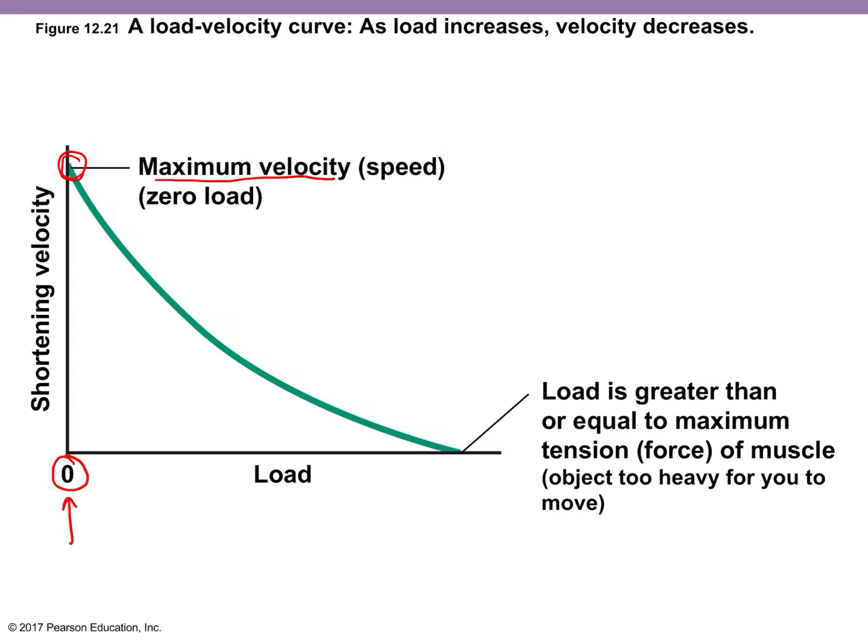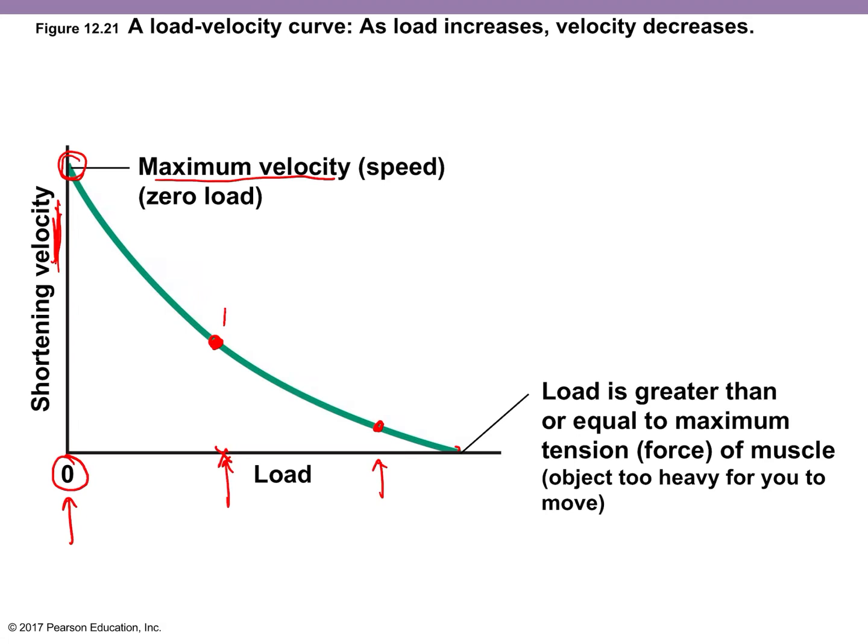Once you start adding weights to your hand and then you're trying to bend your elbow, what happens to the speed, right? So we can see the velocity is on this y-axis, it's going to go down as you increase the load, right? So let's pick a spot here. What's a pretty heavy load? Pick a spot here, right? So as you increase the load, let's take a look at this number 1.